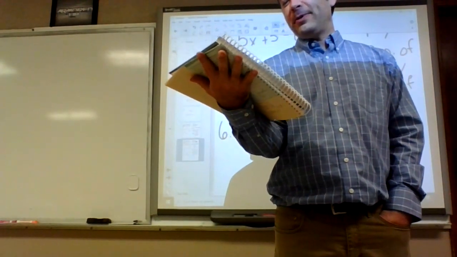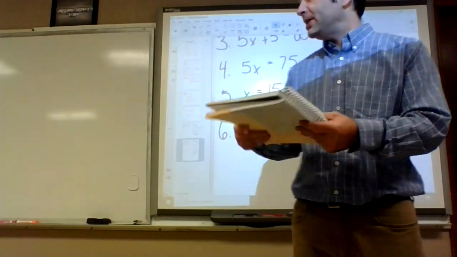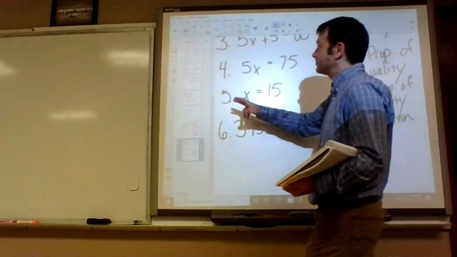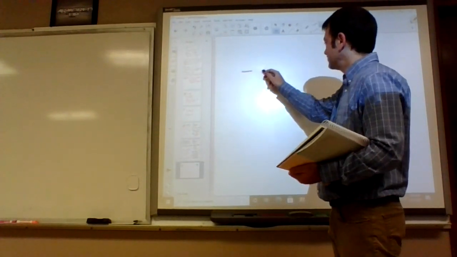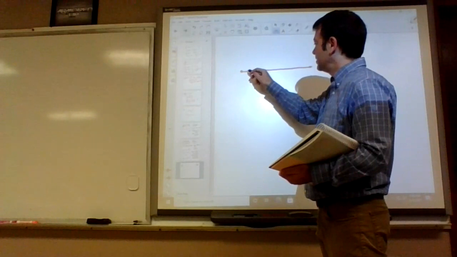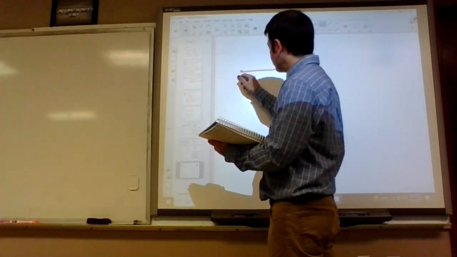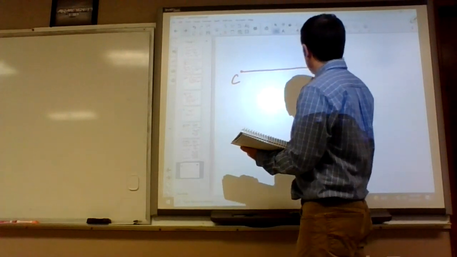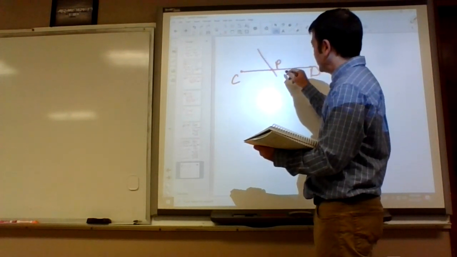All right, number 53, segment AB bisects segment CD. What does that mean? Let's draw a picture to understand that. What's a bisector? It intersects in the middle. Yeah, cuts in half. So it doesn't really say what angle it is. So it intersects CD at P, so maybe it looks like that.